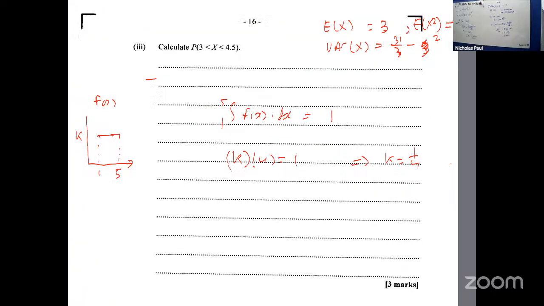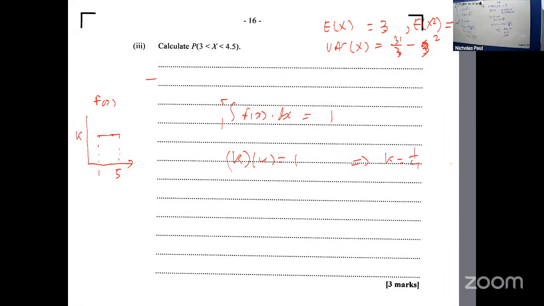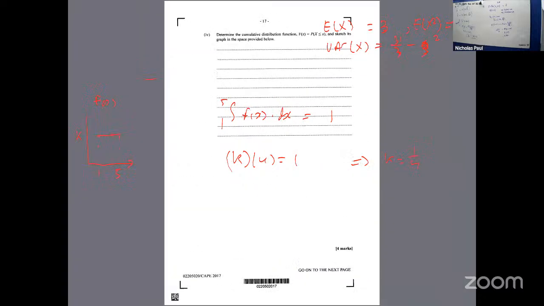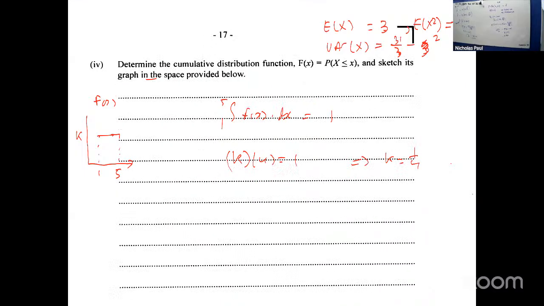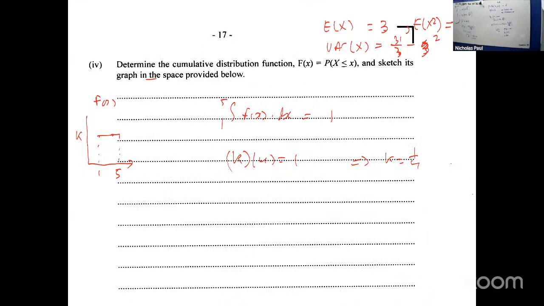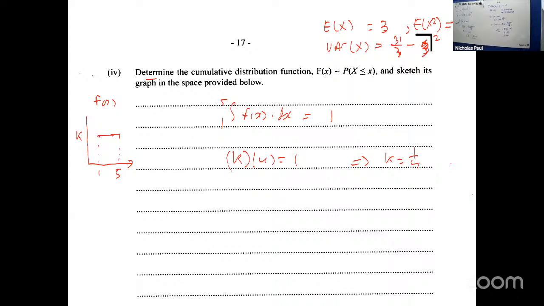They want you to find the probability. So you're integrating between 3 and 4.5, but this is the part I'm interested in. Right? So again, we know what the function was: 1/4 between 1 and 5.